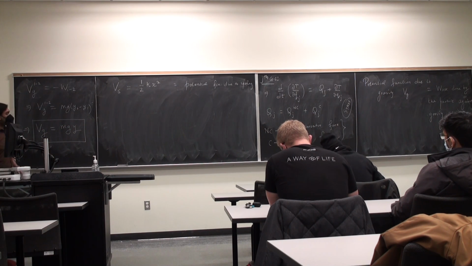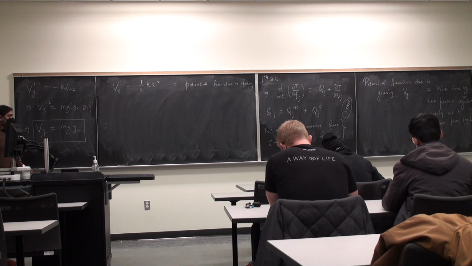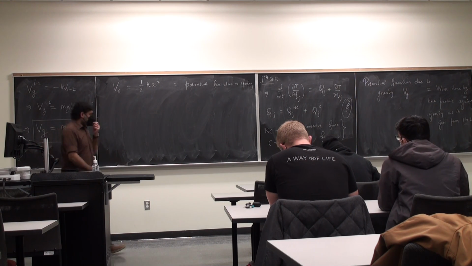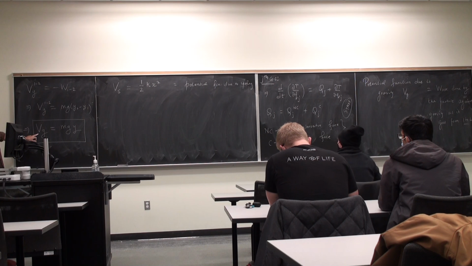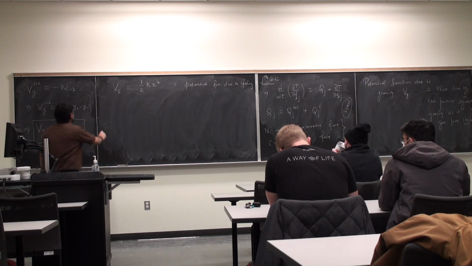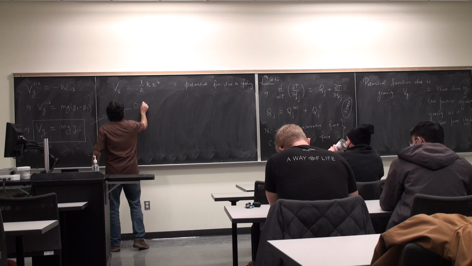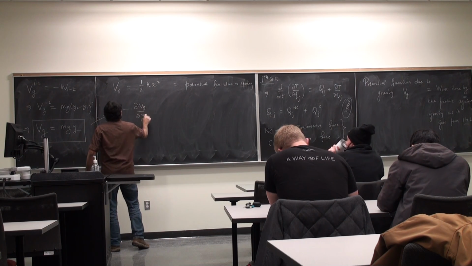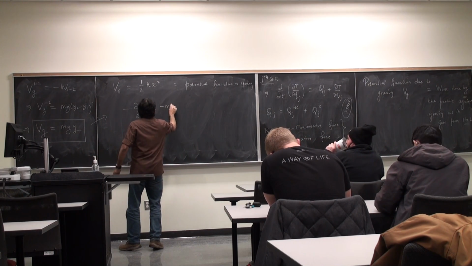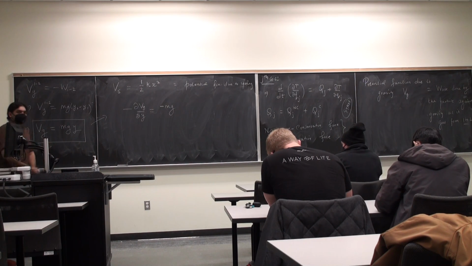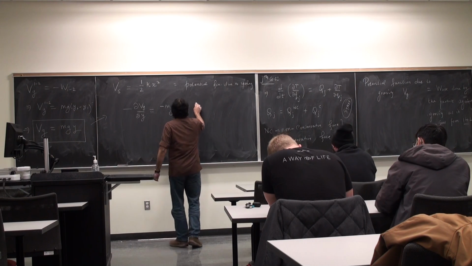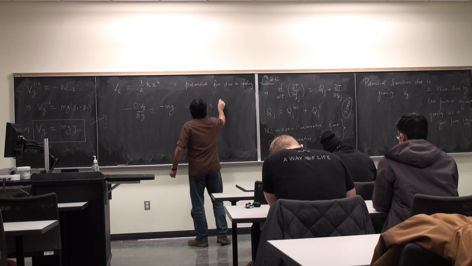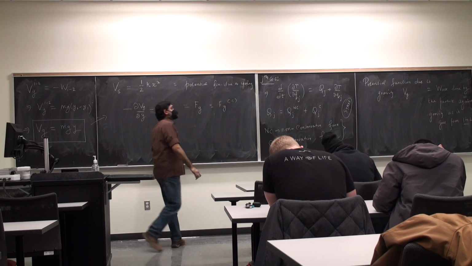Okay? And now we come to the punchline: if I take the derivative of Vg with respect to y and stick a negative sign to it, it is minus mg, which is essentially the force of gravity, the conservative force.